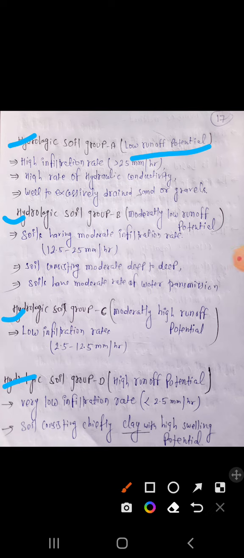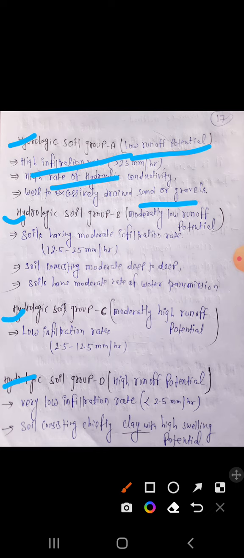Low runoff potential means a permeable soil surface with a high infiltration rate, more than 25 mm per hour, a high rate of hydraulic conductivity, and well to excessively drained water through sand and gravel.